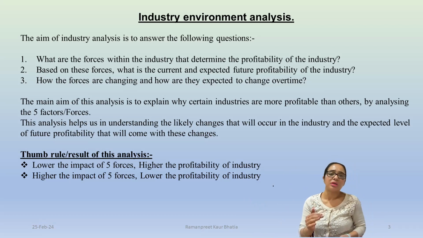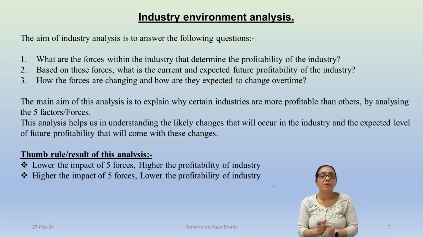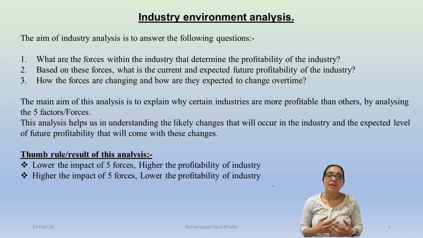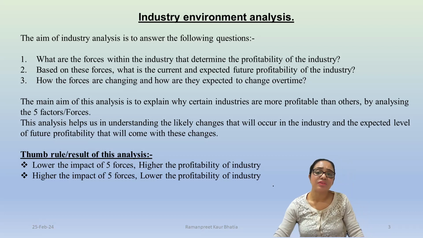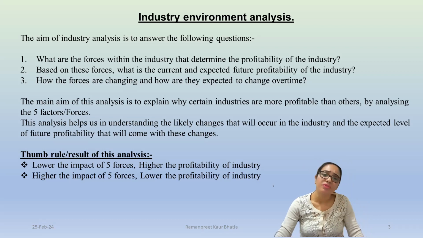This analysis was basically given by Michael Porter. He found out that by analyzing the 5 forces, consistent differences in the industry profitability could be explained. As well as analyzing the level of current profitability, this 5 force analysis can be used to understand the likely changes that will occur in the industry, the expected level of future profitability.